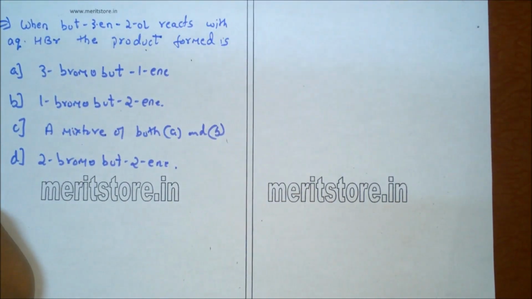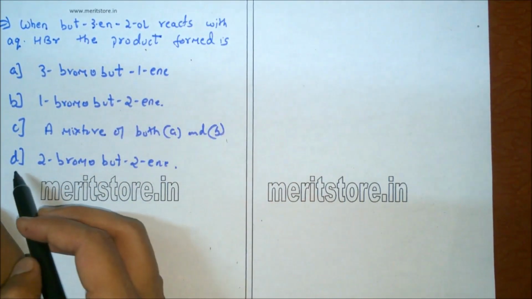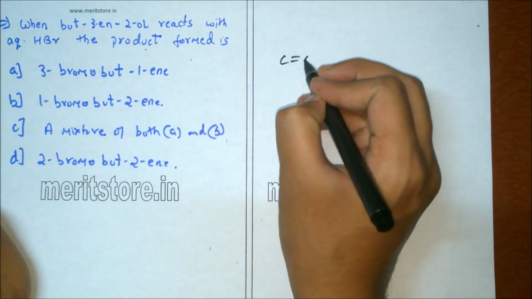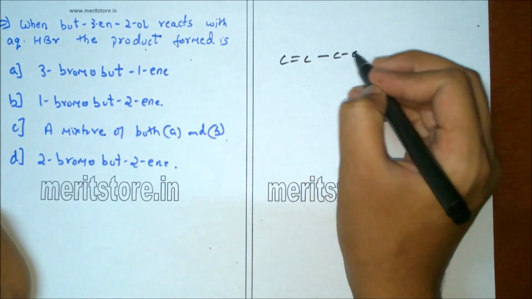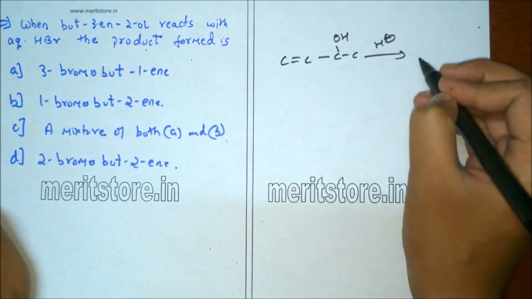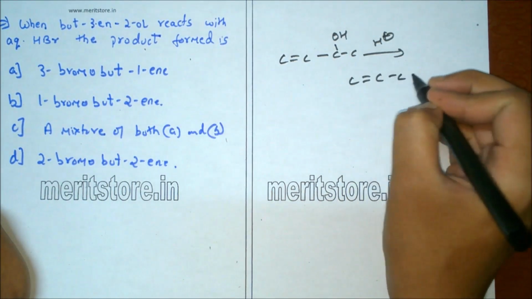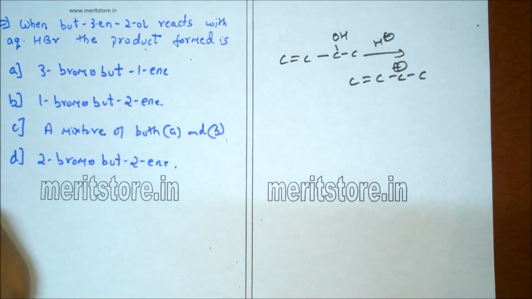When but-3-en-2-ol reacts with aqueous HBr, the product formed is A 3-bromobut-1-ene, B 1-bromobut-2-ene, C a mixture of both A and B, D 2-bromobut-2-ene. So the compound but-3-en-2-ol, on reaction with H plus ion, there will be removal of water to form a carbocation.